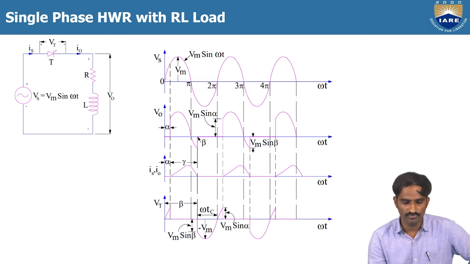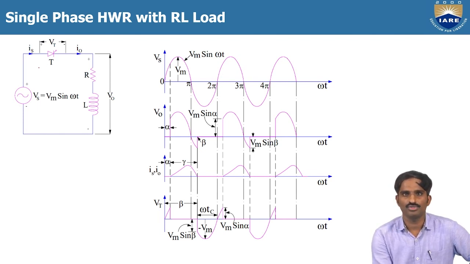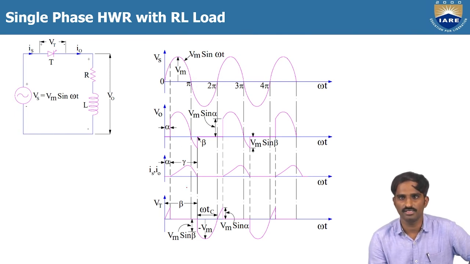The operating procedure is the same: initially we are giving a positive anode voltage with respect to the cathode, and after alpha degrees we are giving the firing pulses to the thyristor, then the thyristor will get turned on.